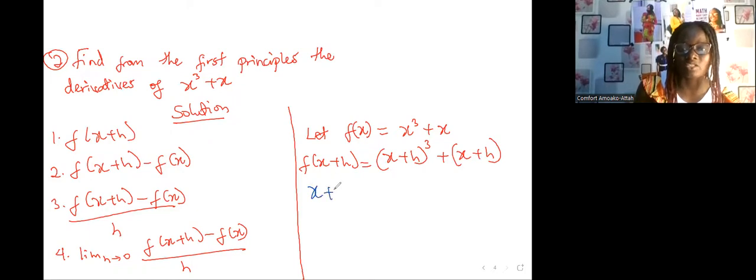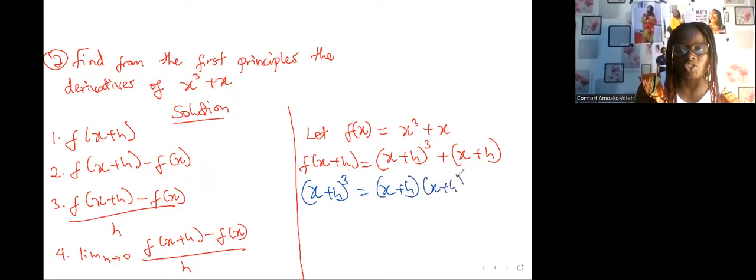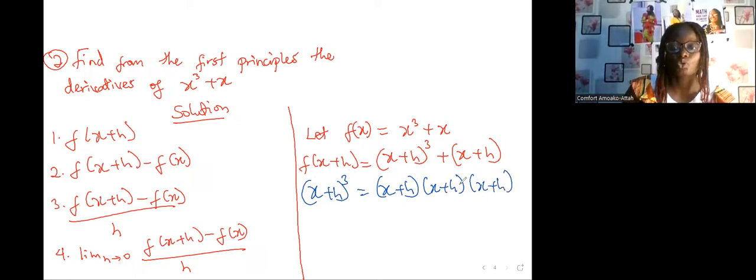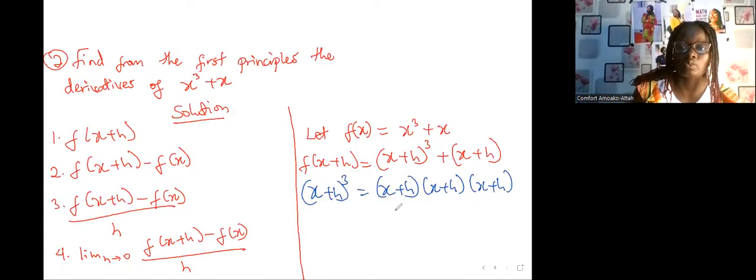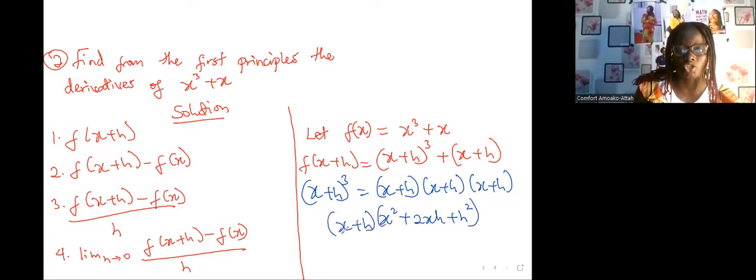This x plus h cubed is equal to x plus h, x plus h, another x plus h, 3 of the x plus h. So we multiply them. I will pick the first 2. And this points back to our first example that we solved. This will give us x squared plus 2xh plus h squared. Then we now multiply it by our x plus h. All right.